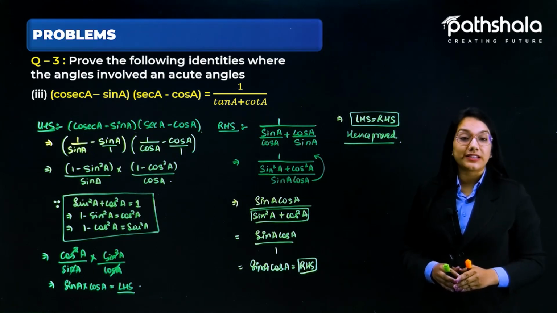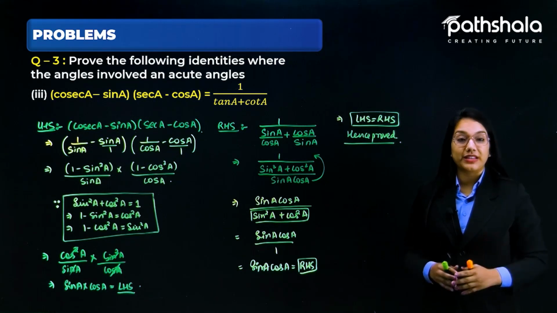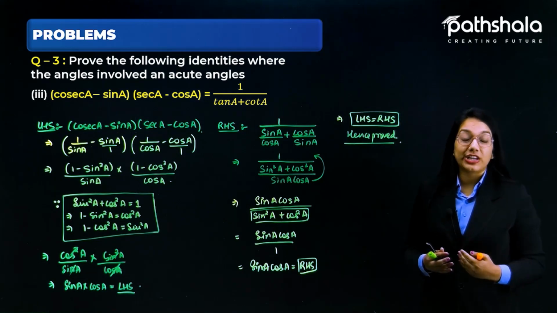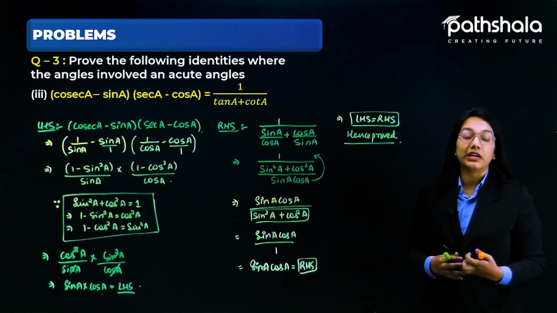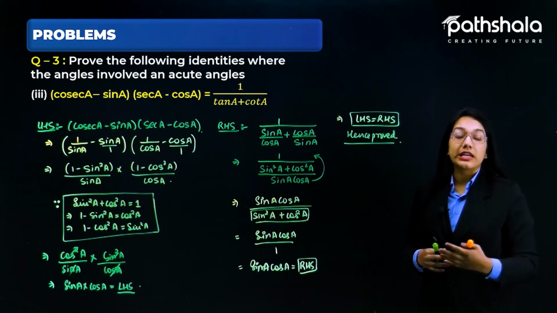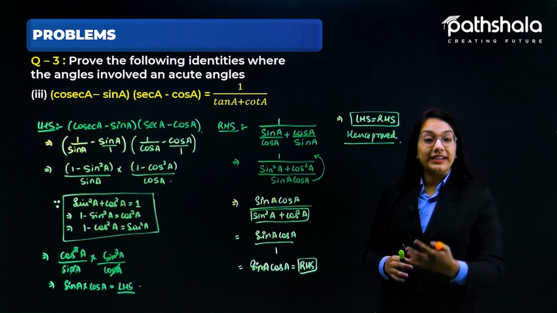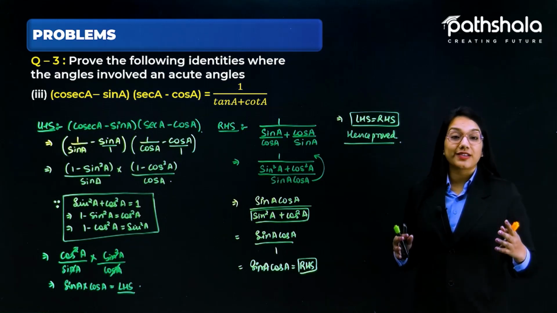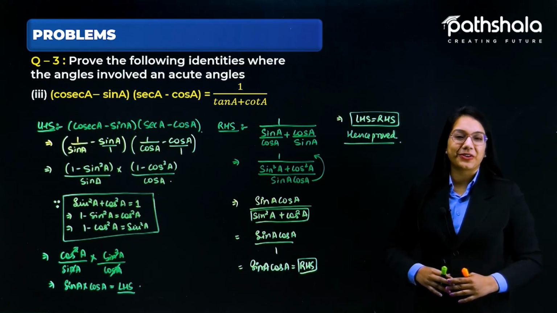I hope all the concepts we did in this chapter are clear to you: the definition of trigonometry, how it is useful in our real life and how we can relate it to real life, then the trigonometric ratios, the complementary angles, and the identities. Now let's practice more and more questions by yourself from the chapter Introduction to Trigonometry.